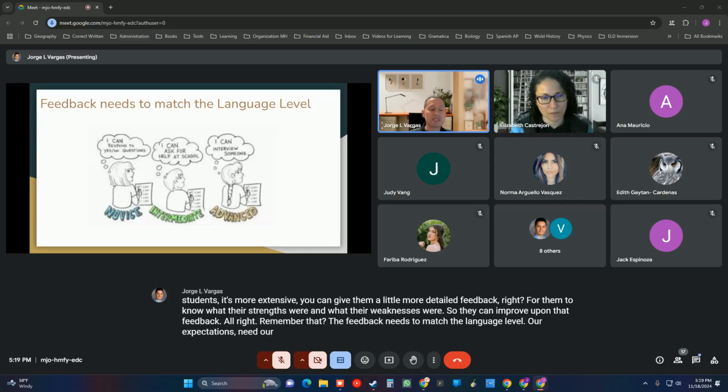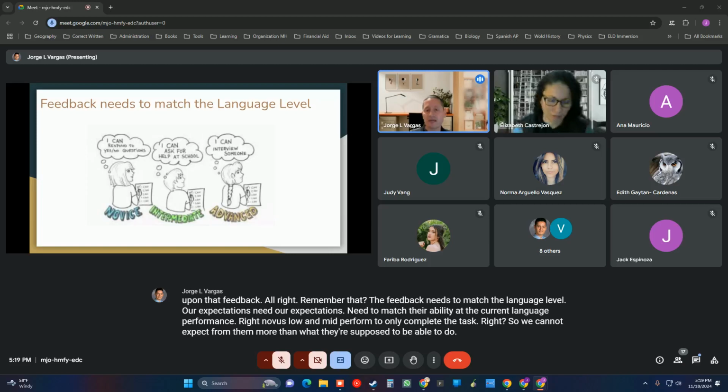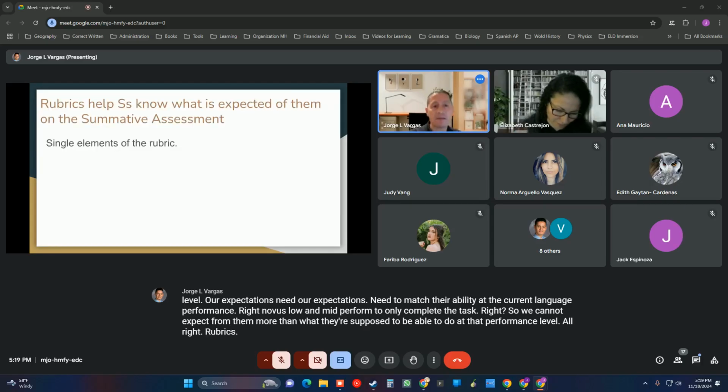Rubrics help students know what is expected of them on the summative assessment at the end of the unit. During the practice, students evaluate each other using single elements of the rubric. That way students know exactly what to expect of the summative assessment, the unit presentation, the unit test. On the assessment, students will be familiarized with the criteria if we follow this suggestion.